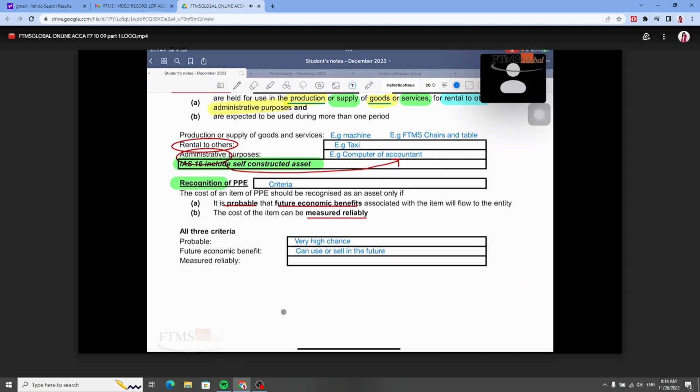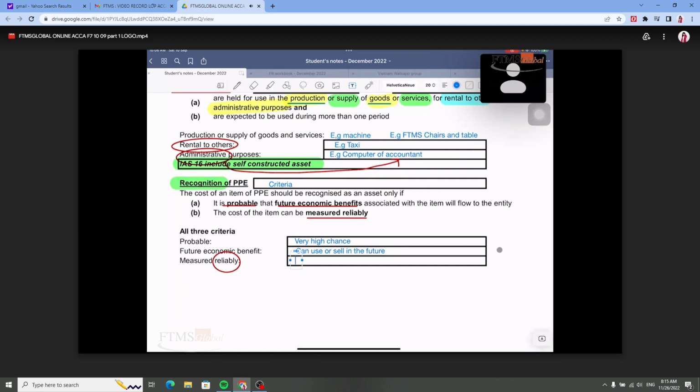And the last criteria for recognizing a PPE in your account is you must be able to measure reliably. Reliably. So what does that mean? Reliably means the amount that you recognize in your account must be reliable.